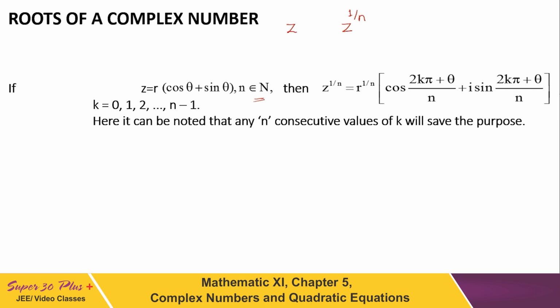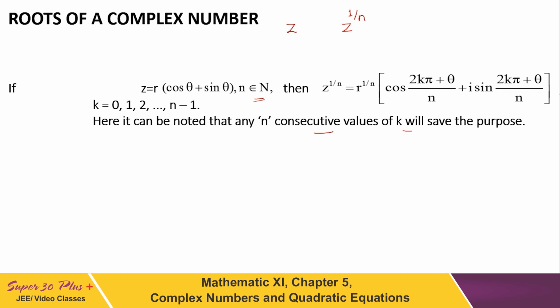It is r to power 1 by n, and this is the generalized form of the argument: cos((2k pi plus theta) upon n) plus iota sin((2k pi plus theta) upon n). Here it can be noted that any n consecutive values of k will serve the purpose. What is the meaning of this?